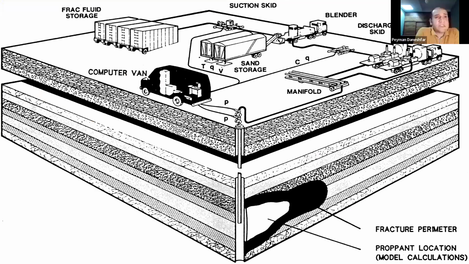If you see here, we need a fracture fluid storage, a pump rack, a blender, discharge tanks, pump racks, a manifold, and also some pressure sensors, a flow meter, and a computer unit or computer van, because we should always check all parameters during the jobs.